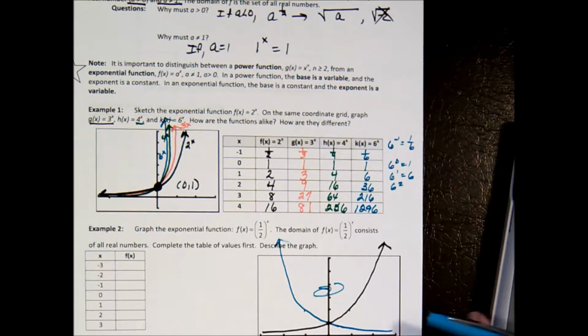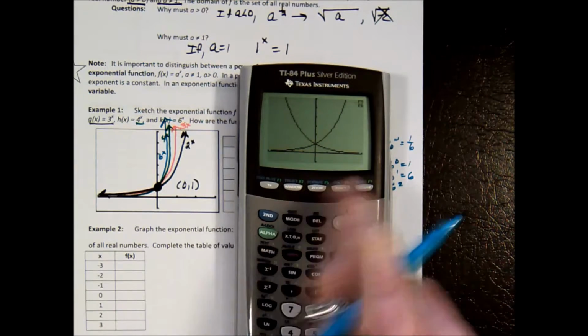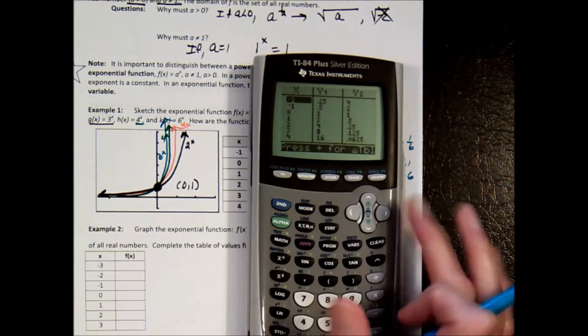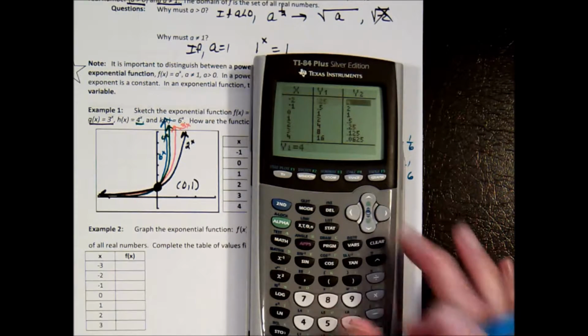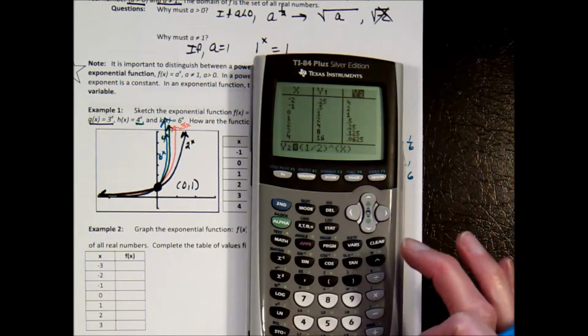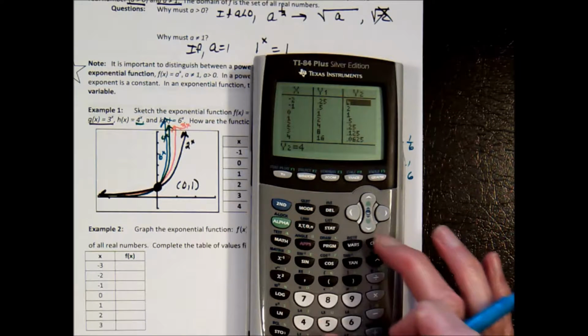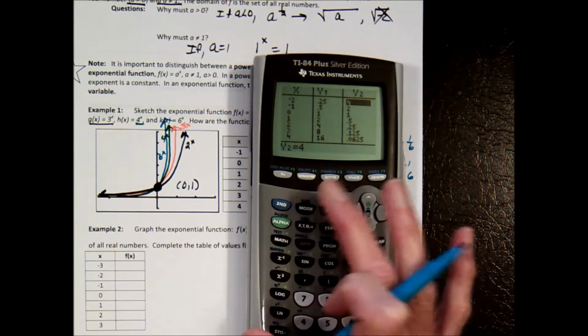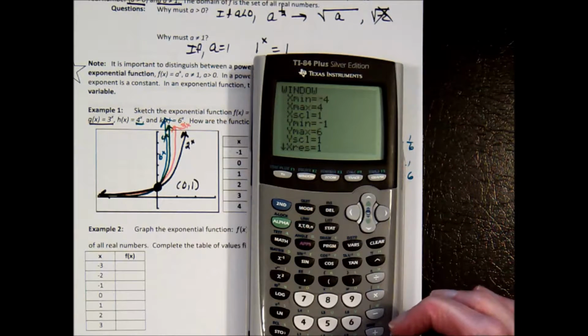So now let's fill in. We'll go to our second table, and we're going to fill in when x is -3, what is y? I think the one we want is our y2, so let's go up one. Oops, it didn't do -3 because I must not have had my window correct. Let's go to the window. I have -4.